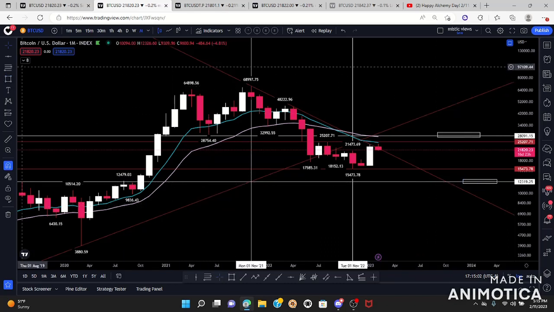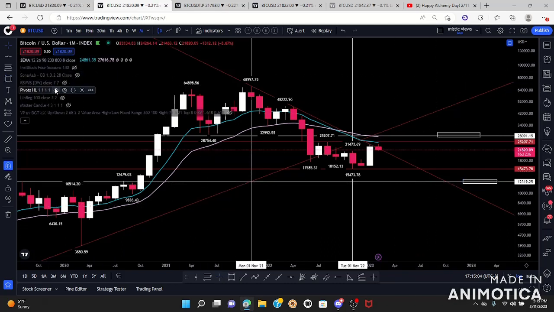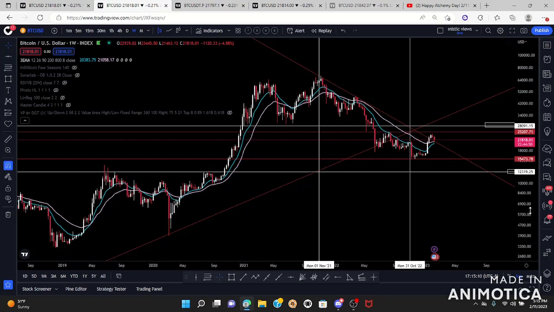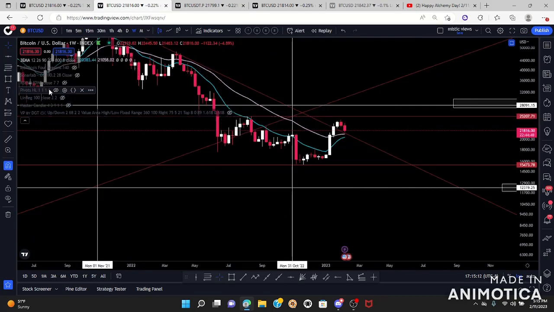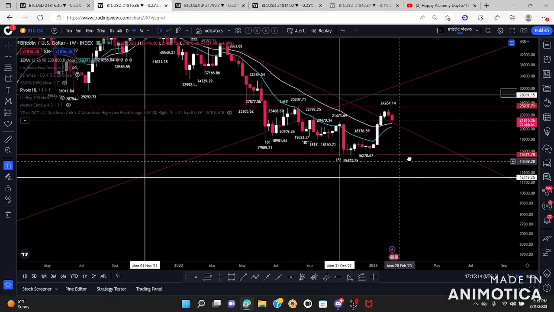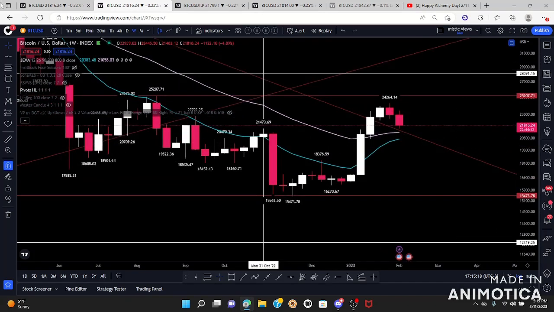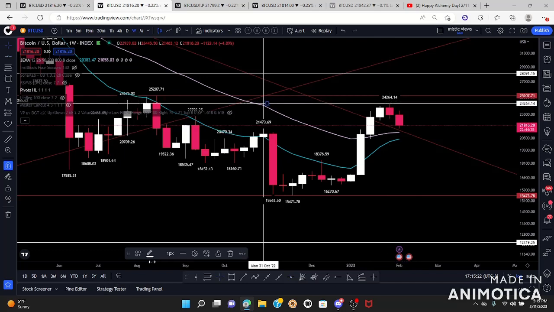Okay, let's go ahead and zoom into our weekly now. Within our weekly, we're going to set our support and resistance again using pivot highs and lows. So this will be our resistance, and we're going to use orange for weekly.